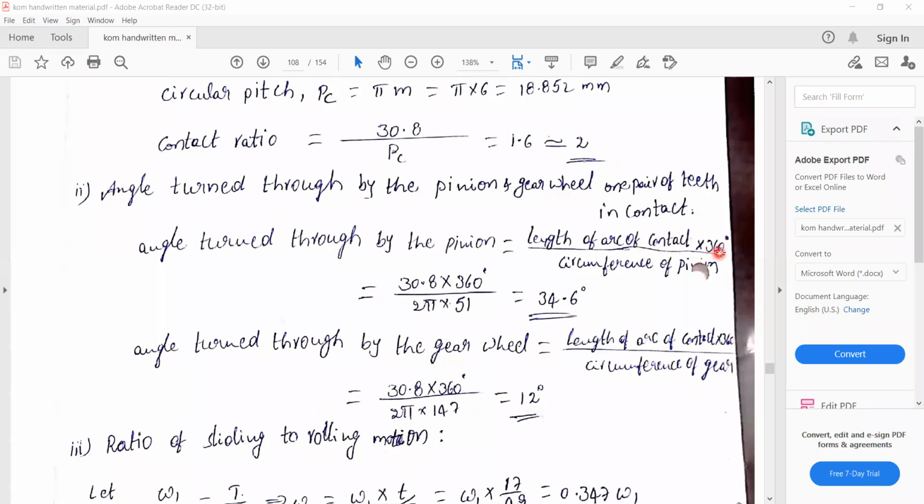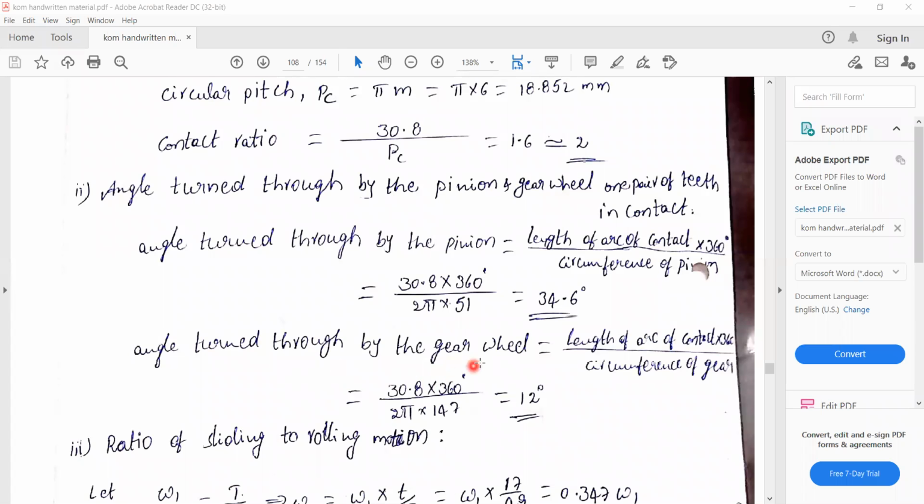Then 30.8 into 360 degrees by circumference 2 pi r, that is 2 pi into 51. So then the value is 34.6 degrees. That is the angle turned through by the pinion.